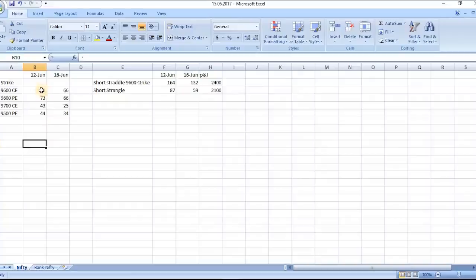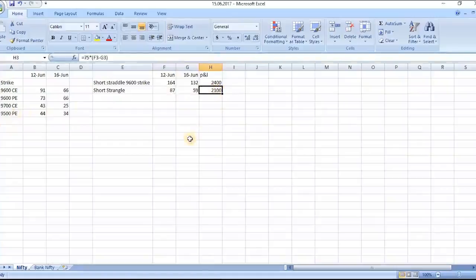Considering the market will consolidate, if someone could have gone short in a 9600 strike straddle, that is both short 9600 call and put, you could have done it at a price of 164 and booked it at today's closing price of 132, so 2400 profit. Again, in a similar way, a 9700 call short and 9500 put short strangle would have given a profit of 2100.